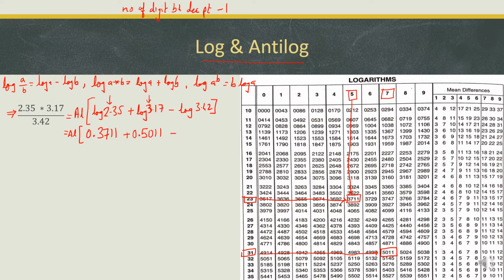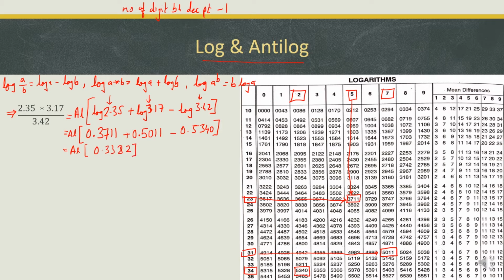Lastly, 3.42: we have 34 in the second last row and 2 is over here. We got 5340. Again, only one digit before the decimal point and 1 minus 1 is 0. So it is 0.5340.